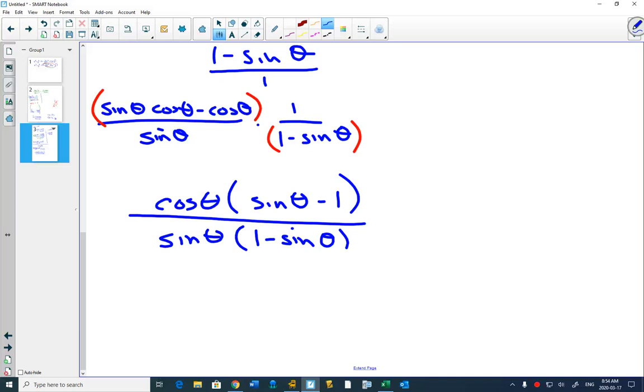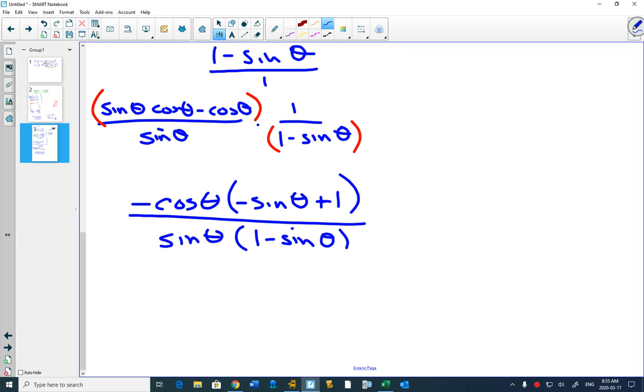Do you see that sine theta minus 1 and 1 minus sine theta are so close? They're not quite the same. I'd have to factor out a negative. So at this moment, I might say, hey, I'm going to take the negative out here. That would make this one negative and that one positive.